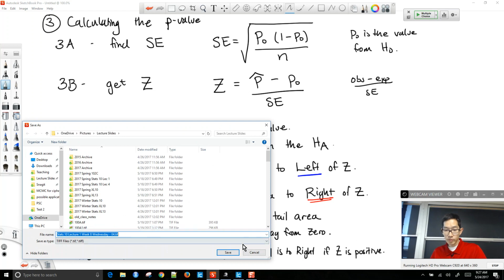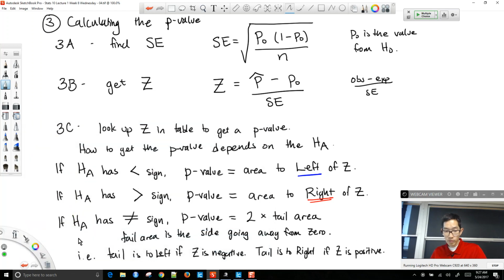Okay. So if you have a not equal sign, then the p-value is 2 times the tail area. So these are the ways we get our p-value.